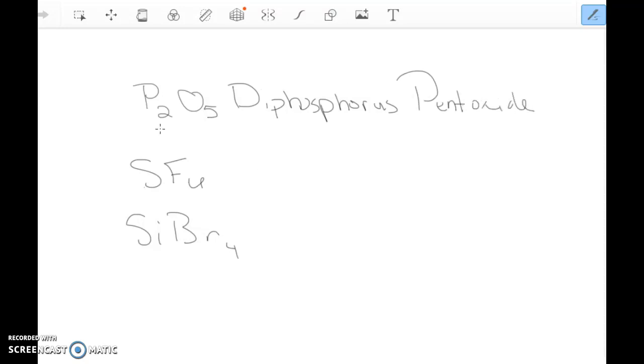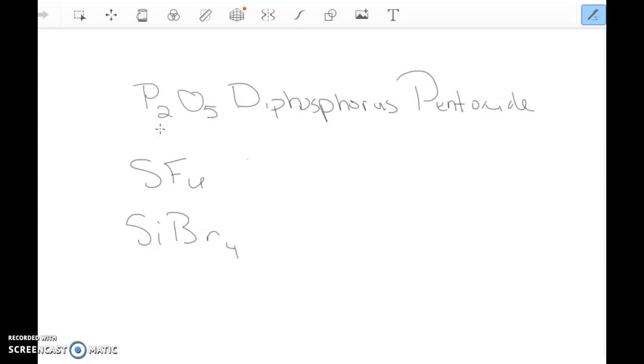Okay, this is sulfur and fluorine. We have 1 sulfur, so we don't normally say mono, so it's just sulfur. And then we have 6 fluorines, so it would be hexa. For the second element, it's always the element stem name plus ide, just like in the previous one, it was pent and then oxide, and the first element is the whole entire name.